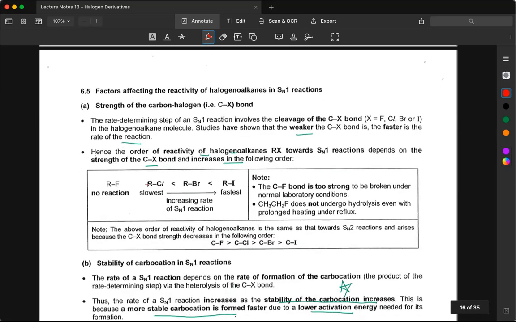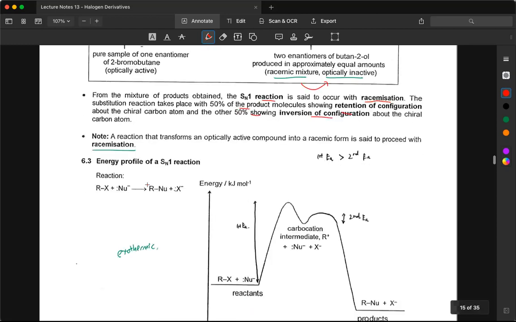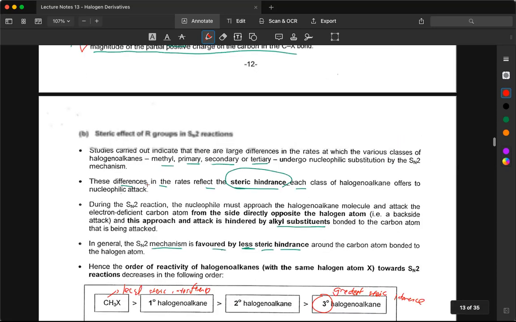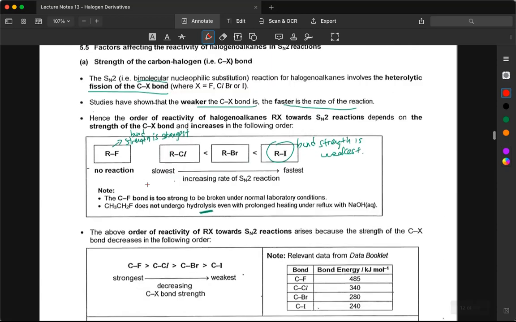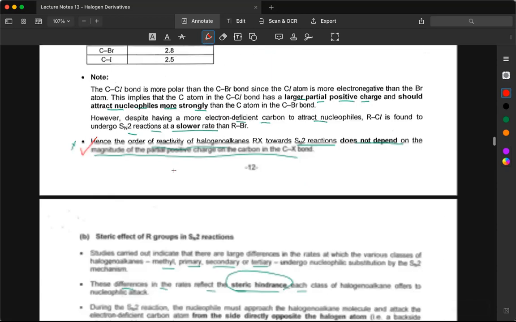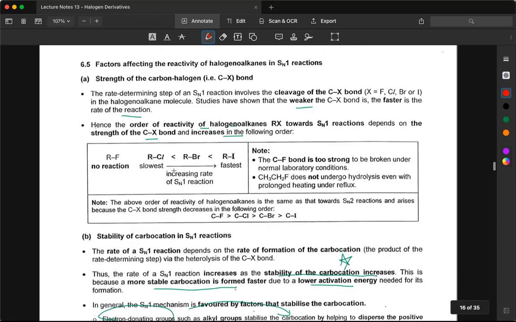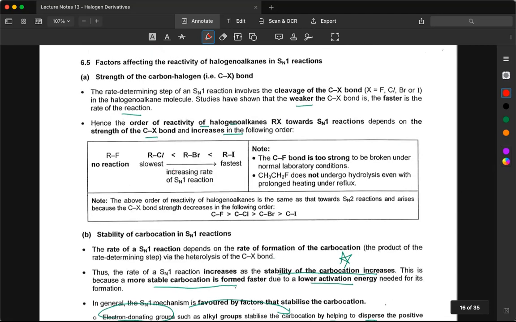What are the factors that affect the reactivity of halogenoalkanes in the SN1 reaction? The rate determining step of the SN1 reaction involves the cleavage of the C-X bond in the molecule. So the weaker the bond, the faster the rate. It's quite similar to SN2, where the weaker the bond, the faster the rate, so you can study them as a whole.